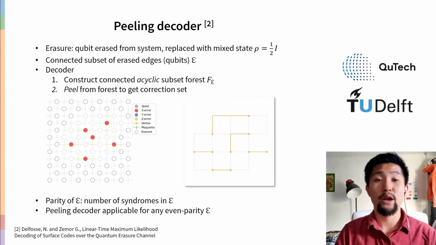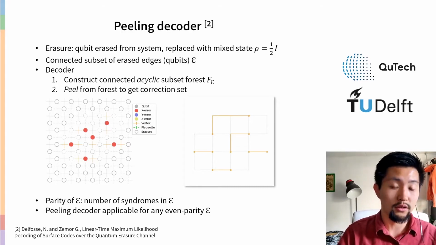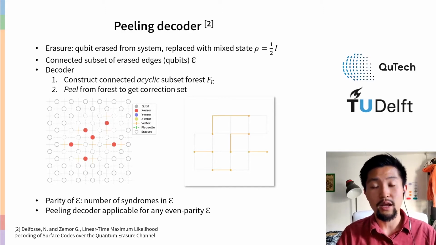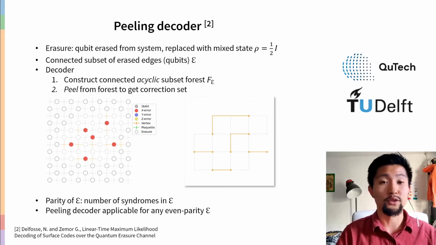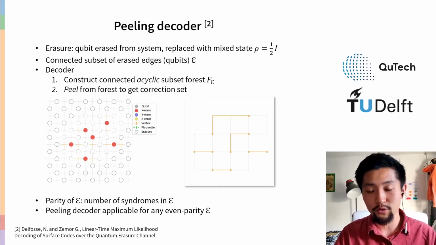Now let's call the parity of an erasure the number of these syndrome vertices contained within the subset of the erasure. And what you can already see, of course, is that the peeling decoder is applicable for any erasure which has even parity, because you would have to make a matching between these syndrome vertices. If you have an odd parity, you would end up with one that's being left out.